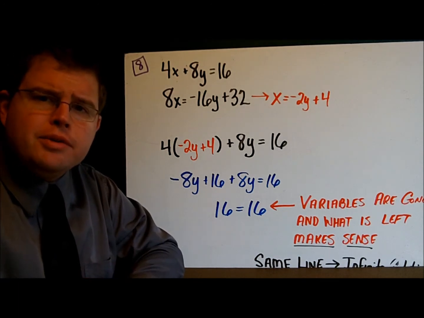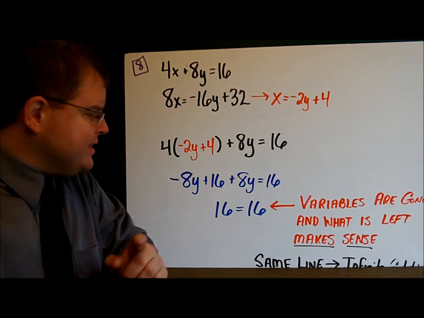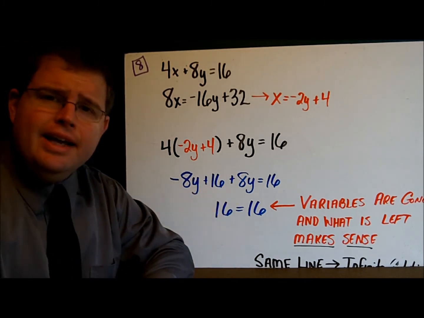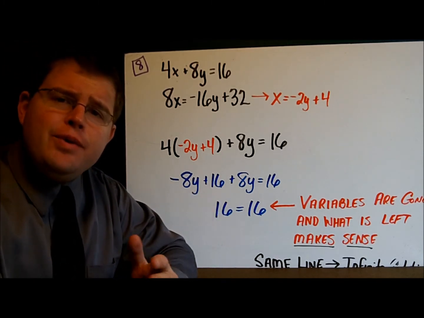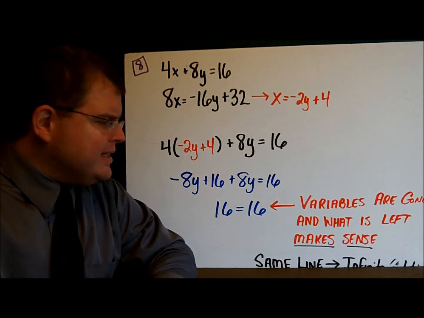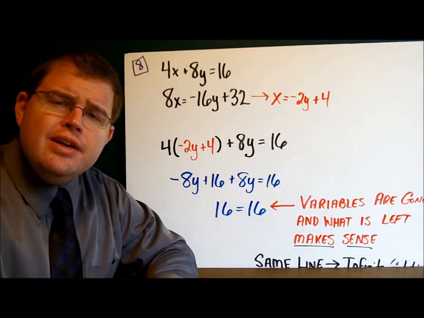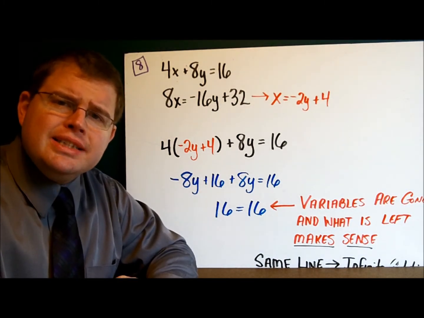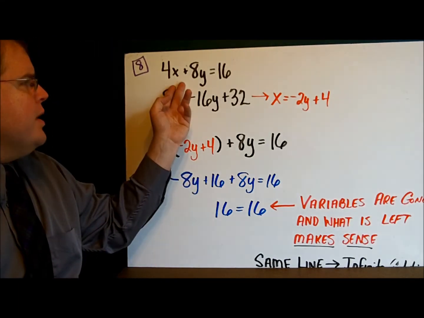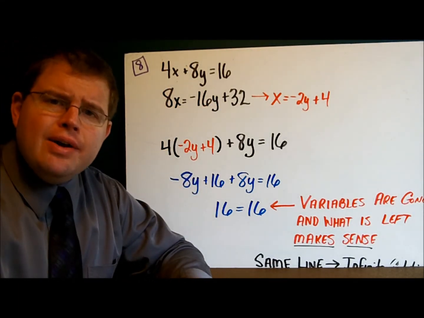I have no variables left, but notice this time what I'm left with makes total sense. 16 equals 16. If you get something that makes sense, that's good news. Because it makes sense, what we really have are an infinite number of solutions. These two graphs are actually the same exact line.